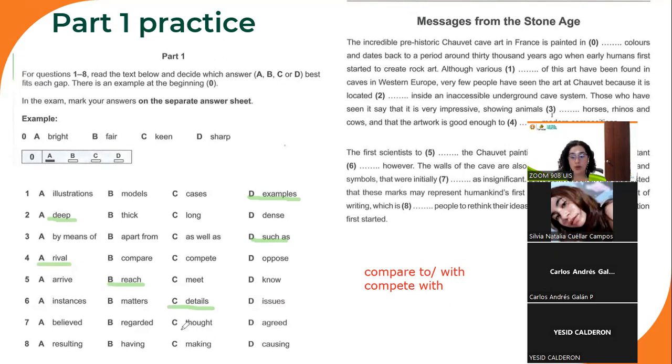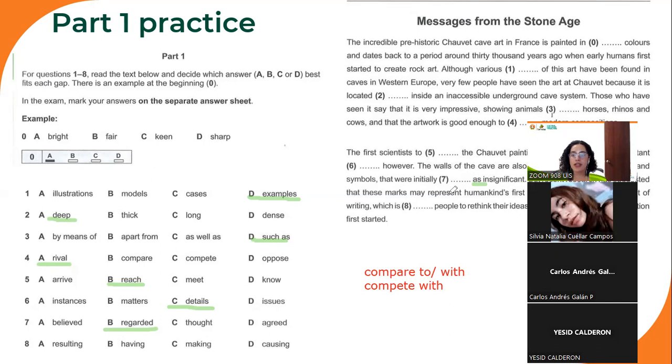No, that is not the correct preposition, okay? The verb here is regarded, okay? You are regarded as insignificant, okay? That is the only verb from the list which can be before the preposition as in this case, okay? So that is the key. En este caso, la clave es la preposición as.